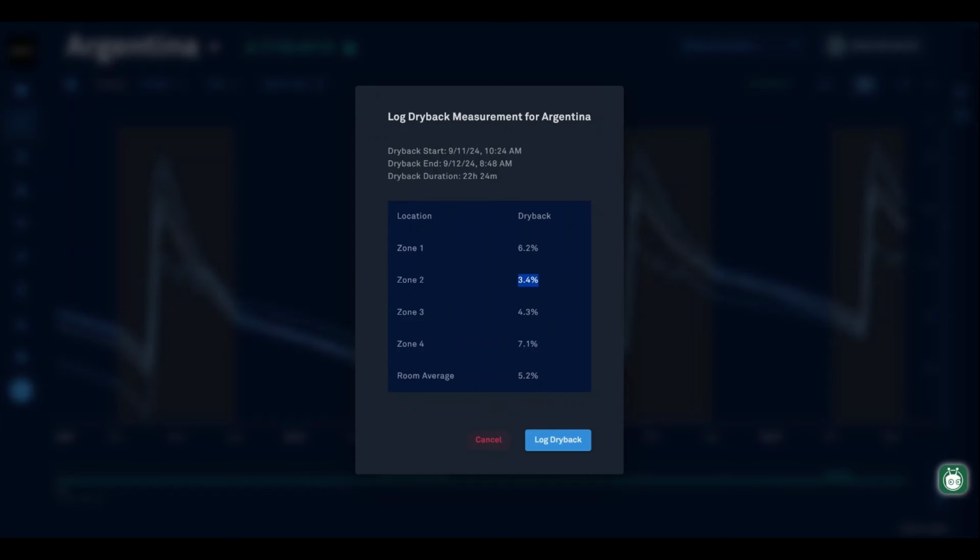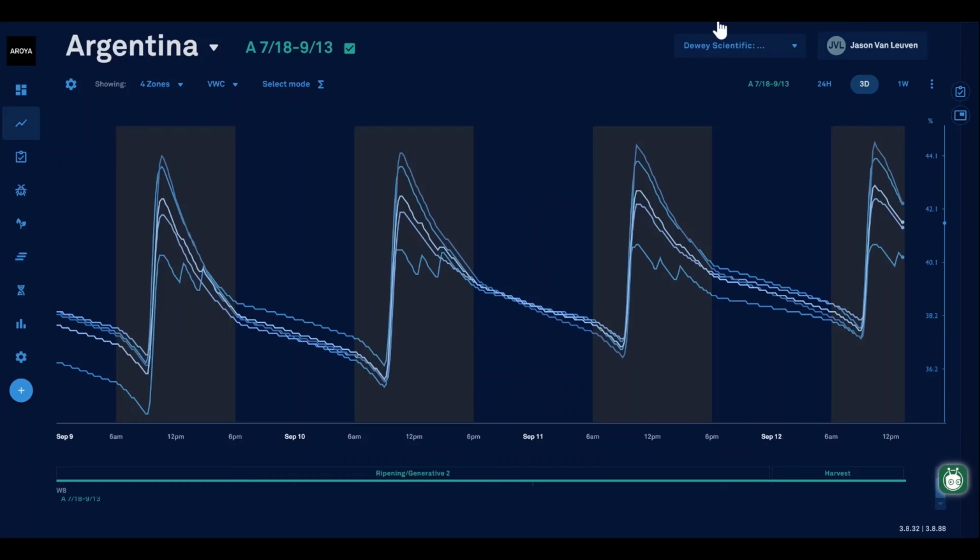Now, if we look at our lowest zone in this case, we're zone 2 at 3.4%. These are really low drybacks. Not my favorite example, but we'll use it and keep running. So in that case, we'd expect about 3.8%, 3.7% as runoff, right? So we kind of have to make some averages and some guesstimations.